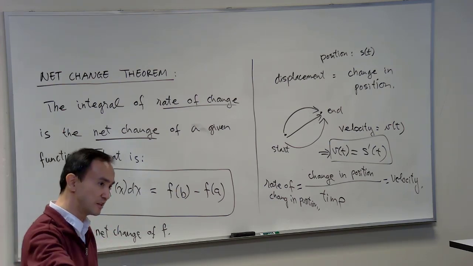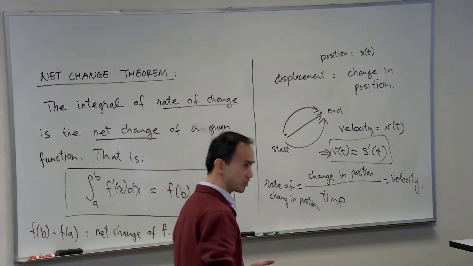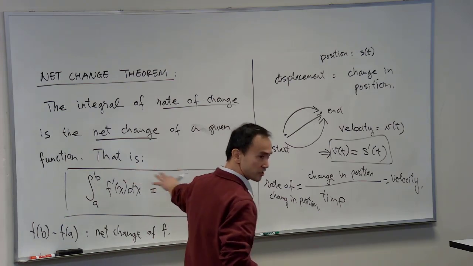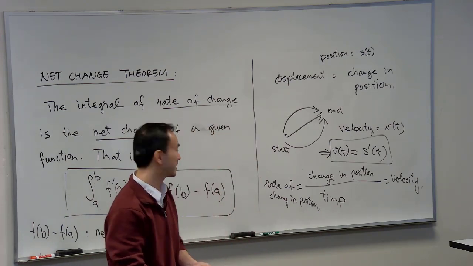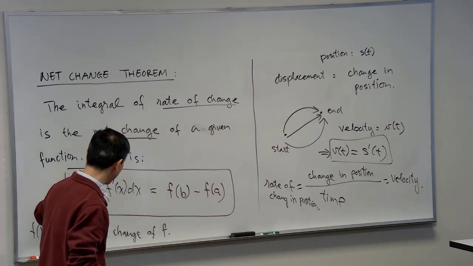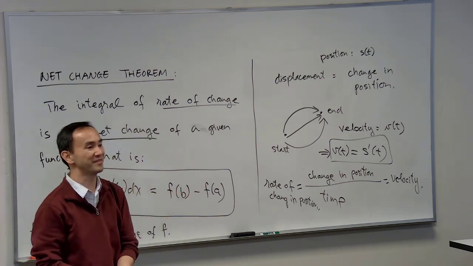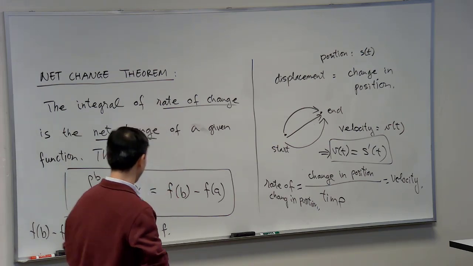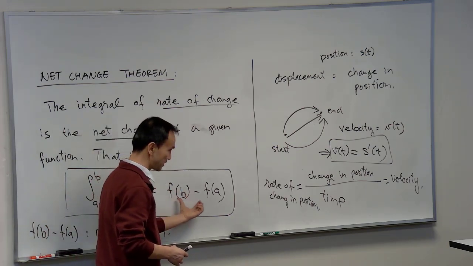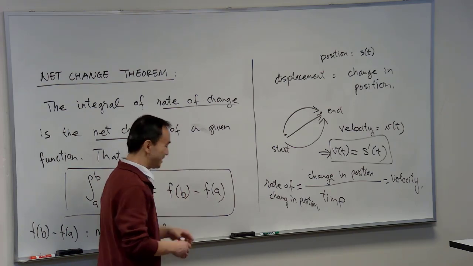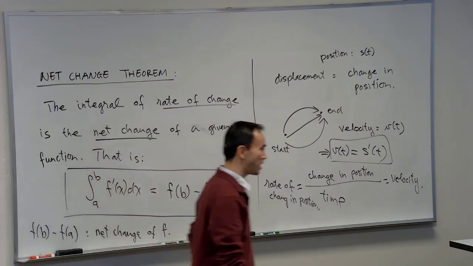But then from velocity function going back to find a position, that's where we need this net change theorem here, right? So that we can take the definite integral between a certain number of times like that, right? And that gives us the net change in position, and the net change in position, we call that the total displacement. Okay, and so let's apply that into a problem here.